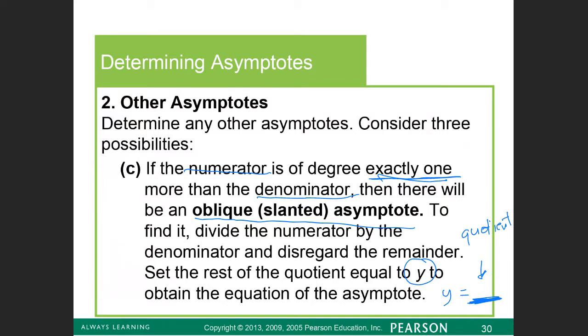Okay, so let's show you an example for this one. If there is a slanted asymptote, there's no horizontal at this point. So vice versa. If there is horizontal, there's no slanted. But if there is a slanted or oblique asymptote, there's no horizontal asymptote.